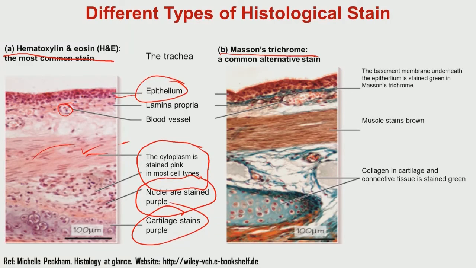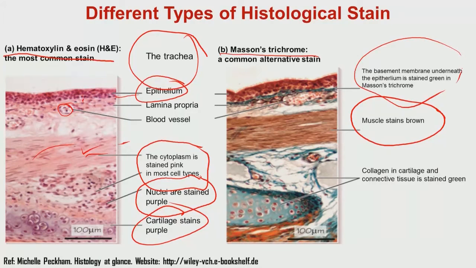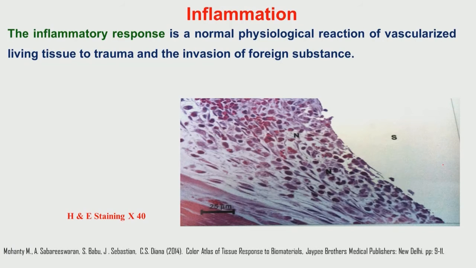In the Masson's trichrome staining of the same trachea, muscle stains brown, and epithelium is stained green. Collagen in cartilage and connective tissue is also stained green. So, these two stains are more widely used.